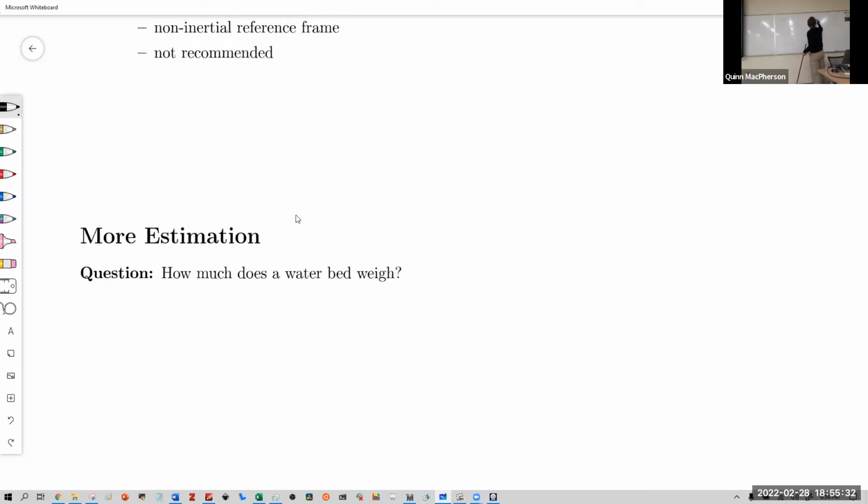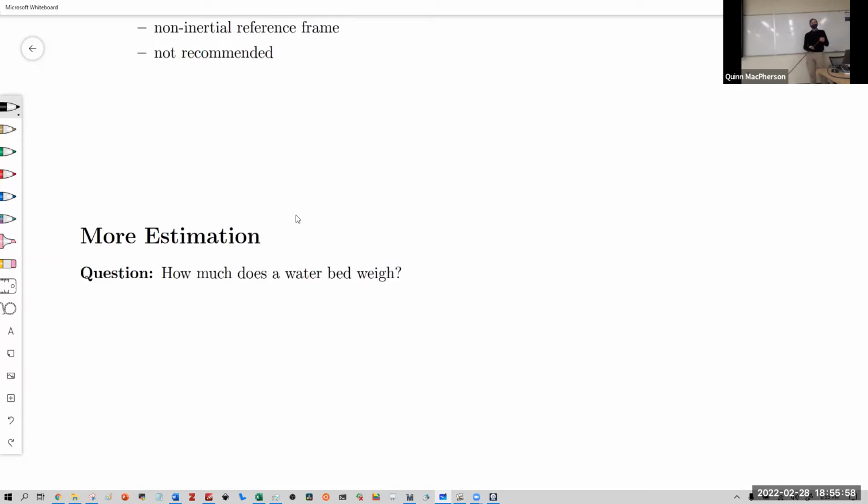So I have 2 meters times 2 meters times 1/3 meter, which gives me 4/3, about 1.3 meters cubed. That's the volume.